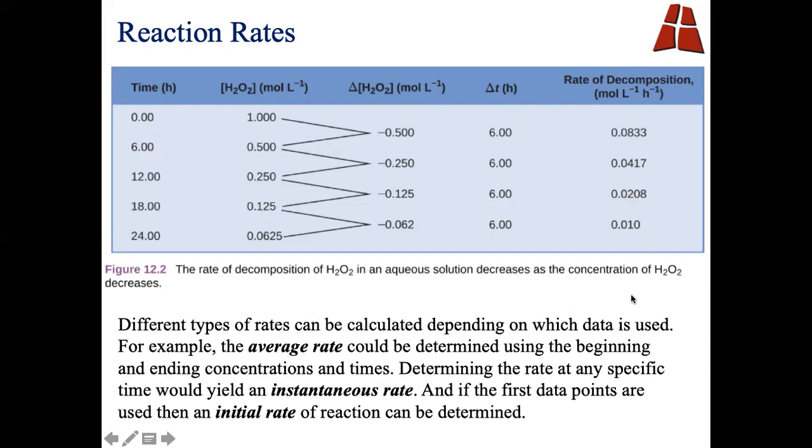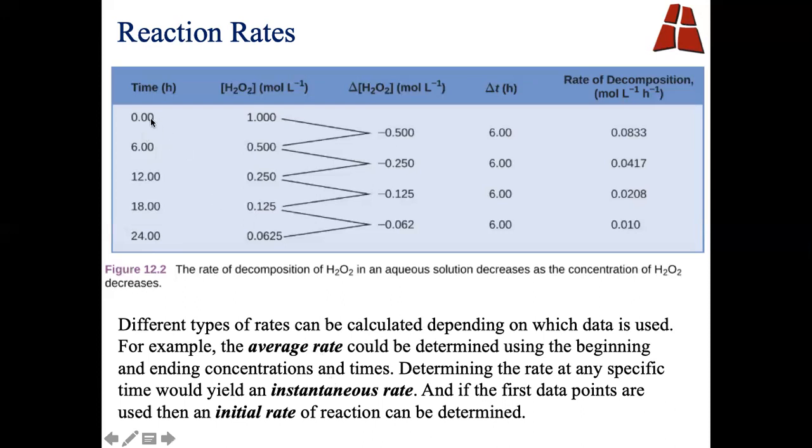Okay. And so there are different ways you can measure the rate of a reaction. We're going to be talking about these quite a bit in class next Tuesday, but I will mention them now. For example, you could calculate the average rate, where you would just look at the whole time period from time 0 to 24 hours, and that would basically be the rate from beginning to end. You could also determine an instantaneous rate.